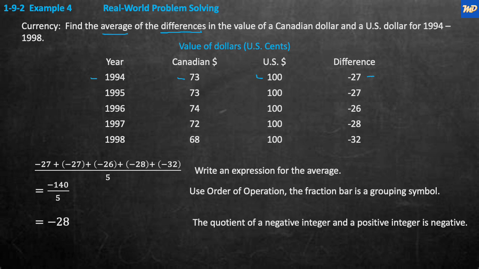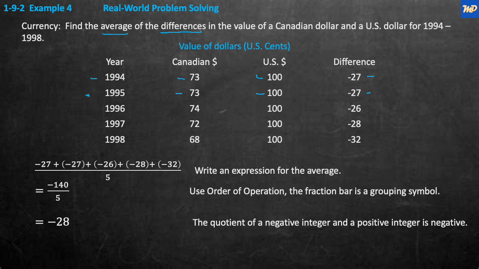The Canadian dollar was 27 cents less valuable, so to speak, than the American dollar. Okay? In 95, it was still 73 cents. The American dollar was still 100. And again, the difference here is 27 cents, negative 27. It's 27 cents less than the American dollar.